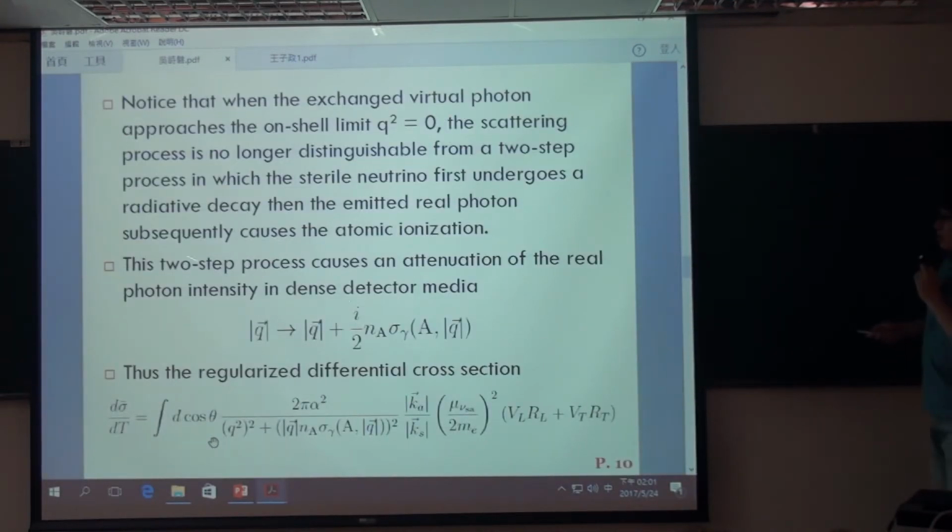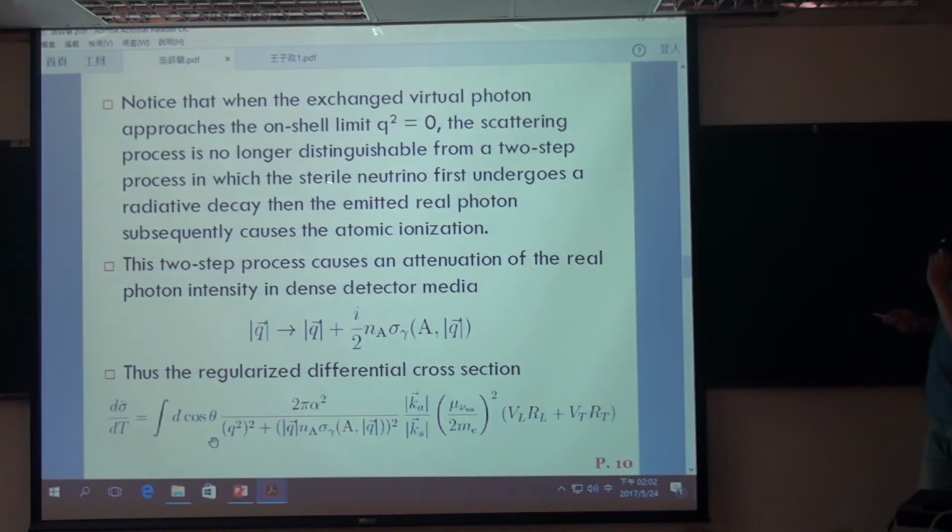The physical interpretation of Q squared equal to 0 is that there is a real photon limit, in which the photon becomes real. So this scattering process is no longer distinguishable from a two-step process, like the sterile neutrino first decaying to a neutrino and a photon, and this photon comes to your detector and gives some signal.